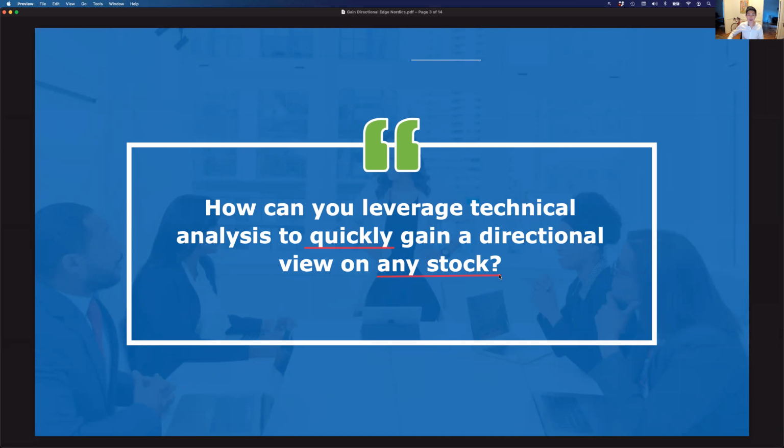Because when you're looking at fundamental analysis, you may have a good sense for how to do fundamental analysis on one specific industry or one type of sector, but it's not necessarily always applicable to any stock that you look at. And typically fundamental analysis takes quite a bit of time. For me to do some fundamental analysis on a stock, briefly, just to do a gut check, it usually takes me a couple of minutes to pull the data, look at the data, and make a sense.